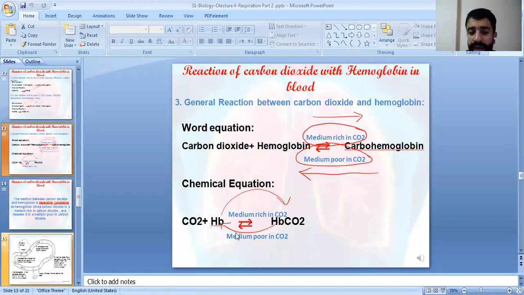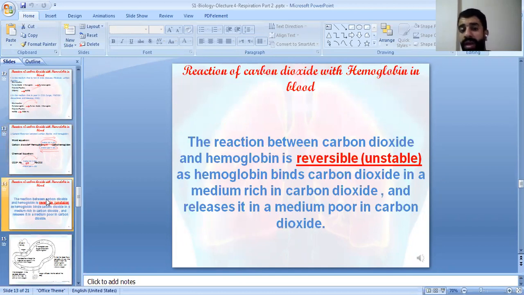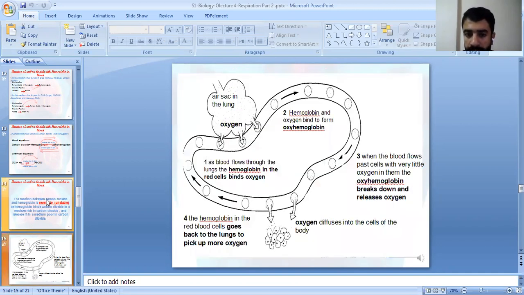And as you see here, this reaction also occurs in both directions, so it is reversible, where hemoglobin binds carbon dioxide in a medium rich in carbon dioxide and releases it in a medium poor in carbon dioxide. So this is the figure where the blood flows to the hemoglobin and the red cells bind oxygen, then hemoglobin and oxygen bind to form oxyhemoglobin.